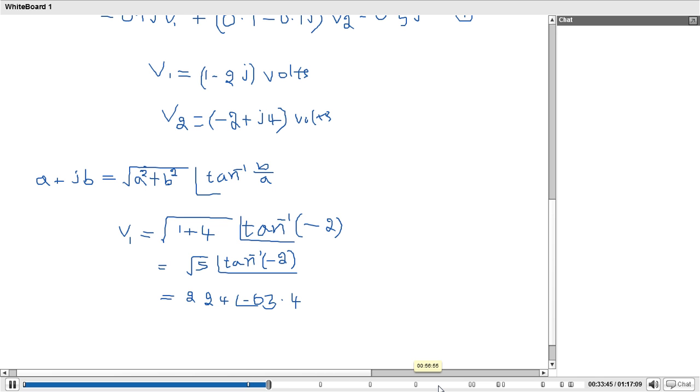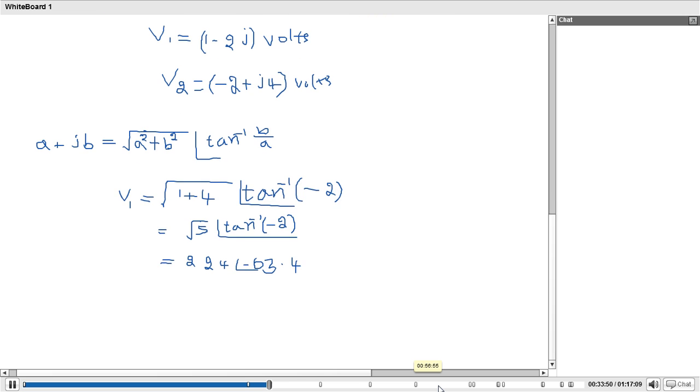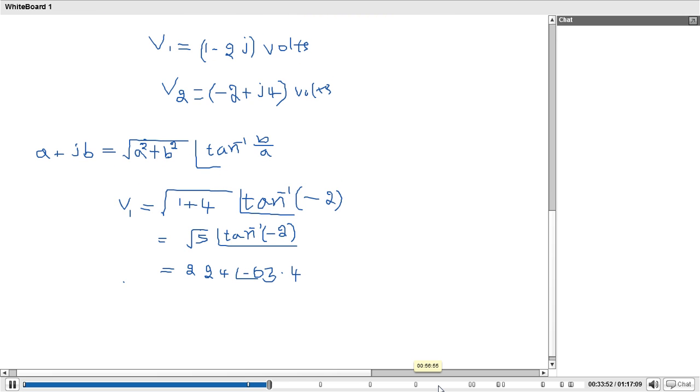So one more way we can write this polar form: V1 is equal to 2.24 cos of omega t minus 63.4 degrees.